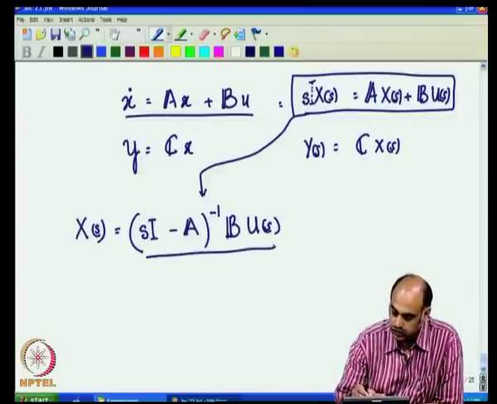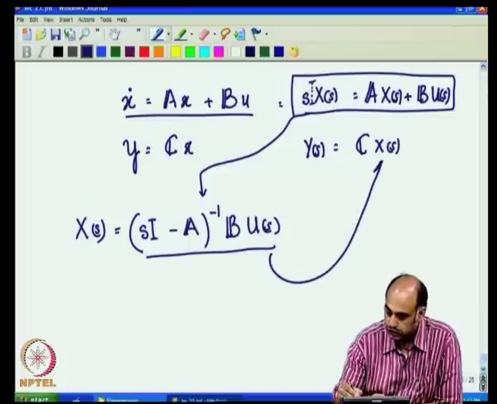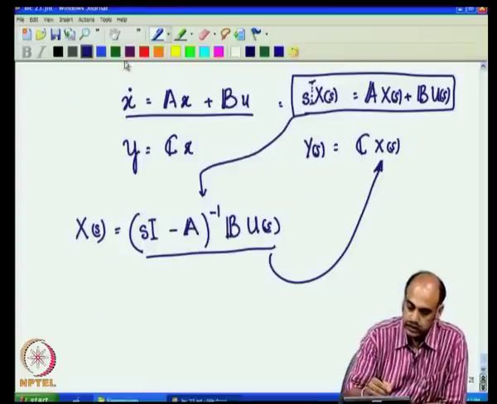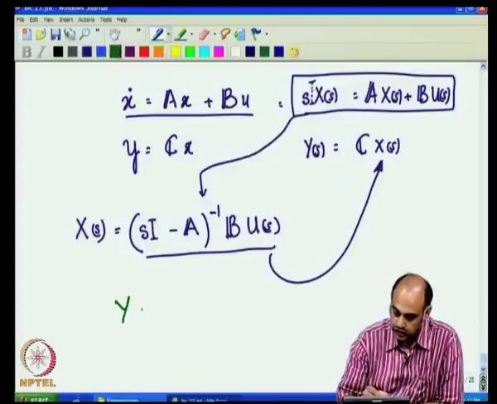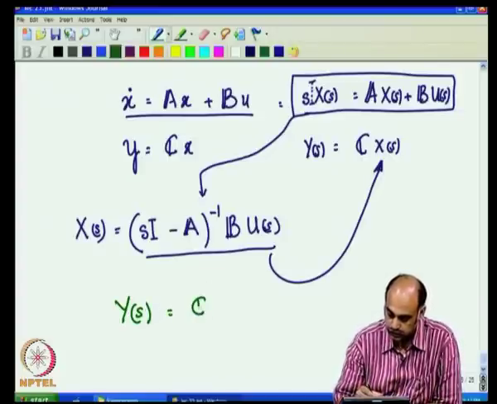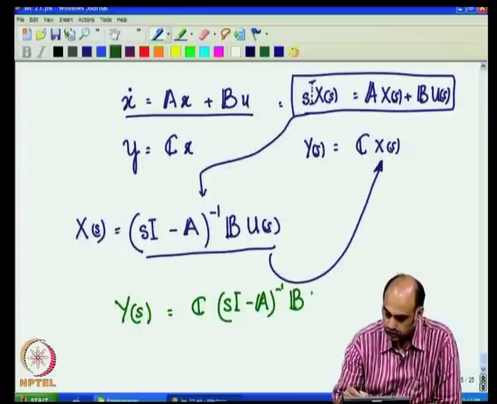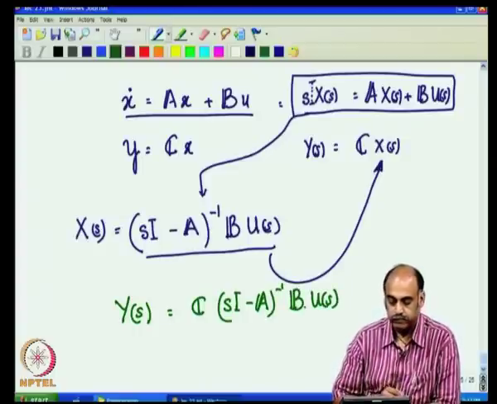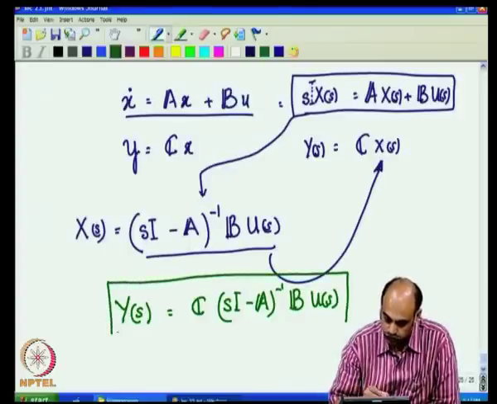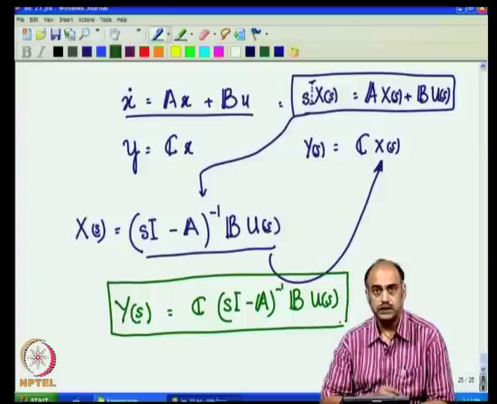Now, this you substitute here. So, what do you get? You will get Y(s), which is C (sI minus A) inverse B U(s), and this is how you would obtain the transfer function.